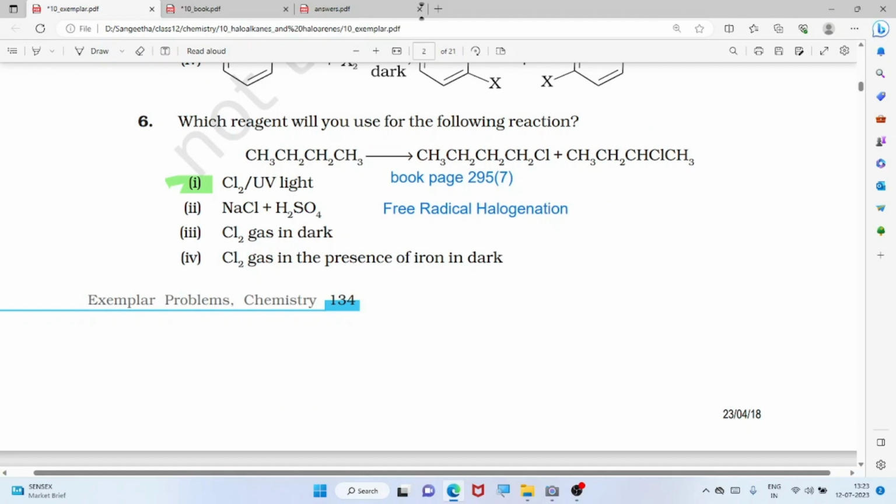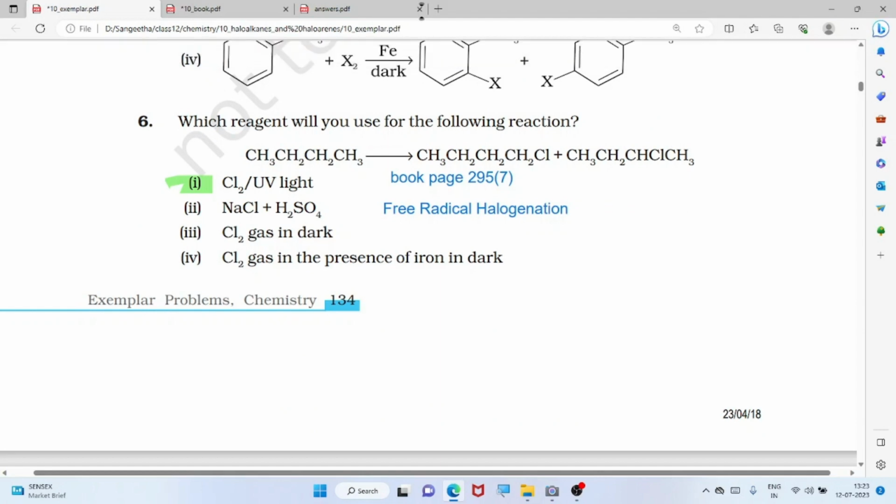Which reagent will you use for the following reaction? This is free radical halogenation.